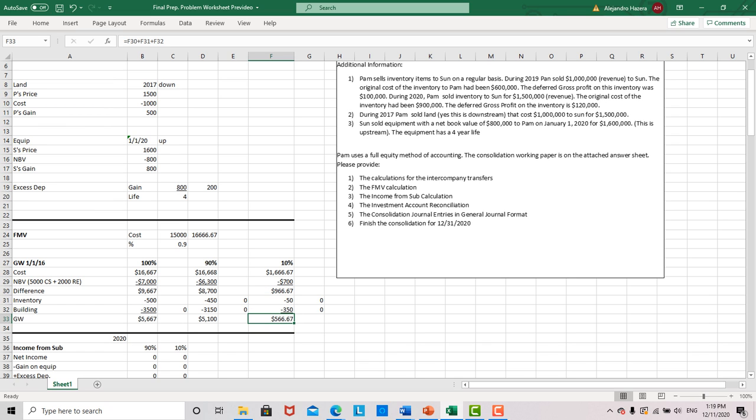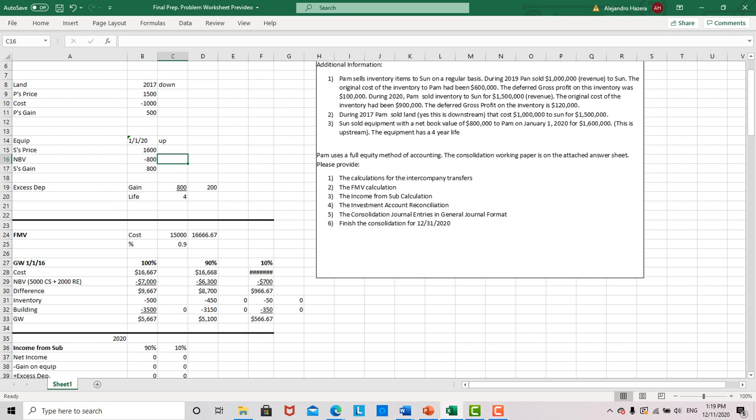Okay, so our goodwill for the 10% column is 5,667. That looks correct. The last thing I'm going to do is compute our amortization numbers.